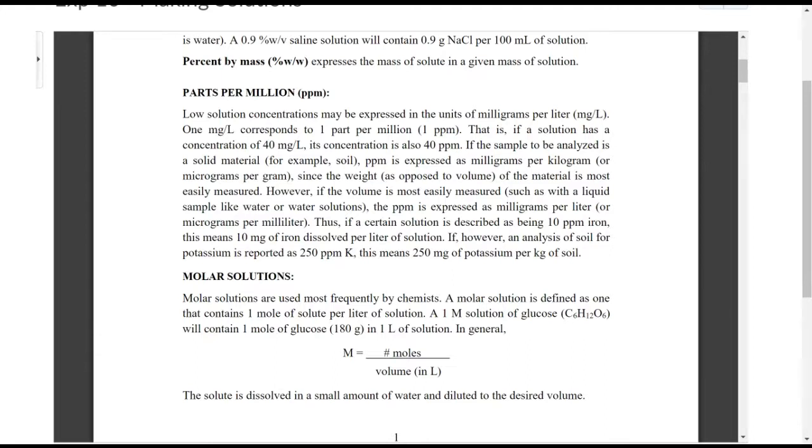ppm is used for things like pollution, for something that is very, very low. Like LD50, the lethal dosage: if you administer a poisonous or toxic compound to 100 people, 50 will survive and 50 will not.